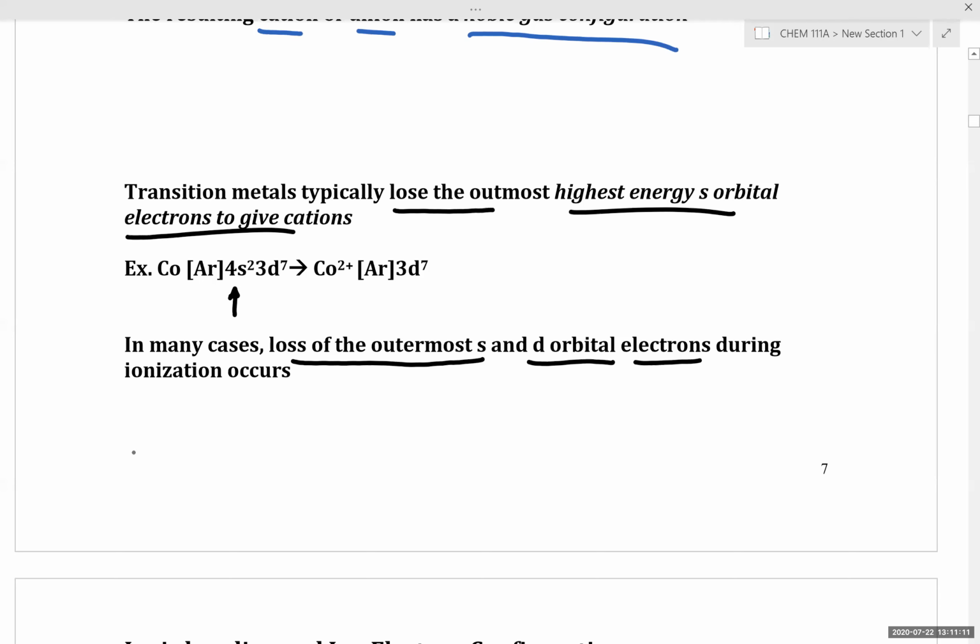So for example, scandium, which we've seen in earlier chapters. Looking at the periodic table, scandium has a configuration of argon 4s2 3d1.